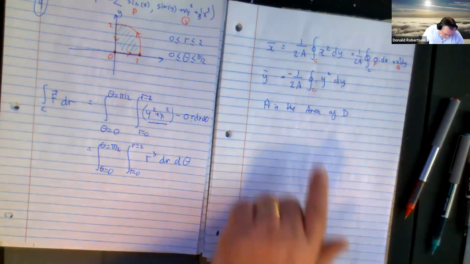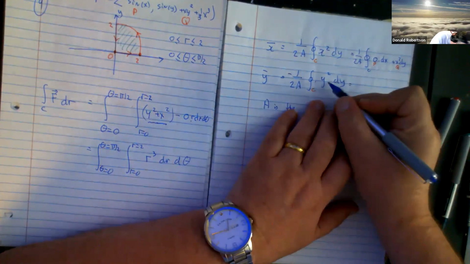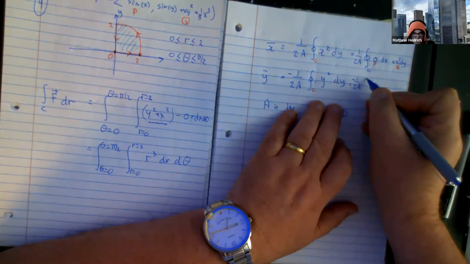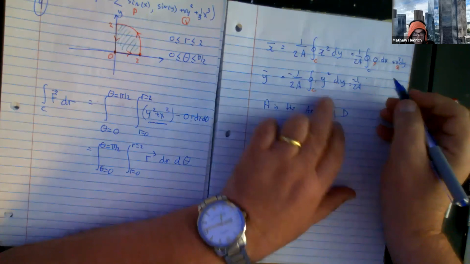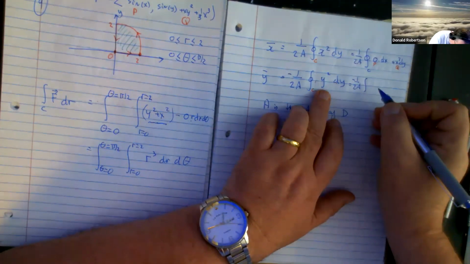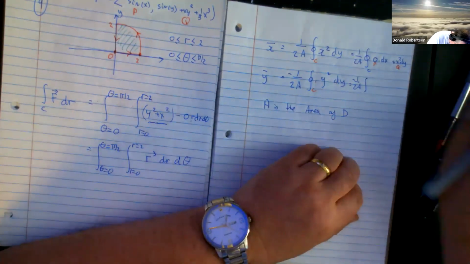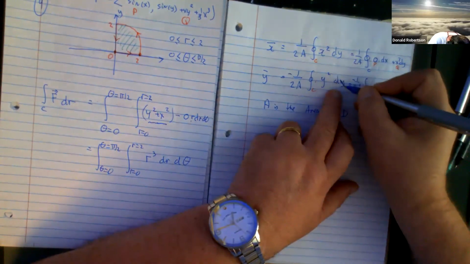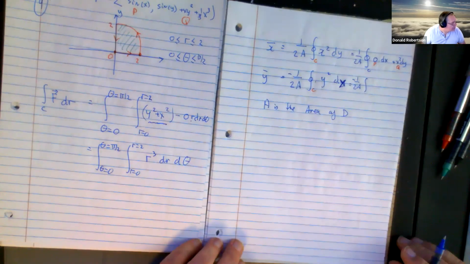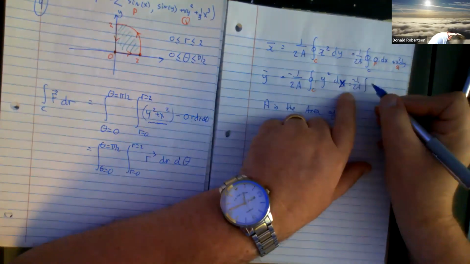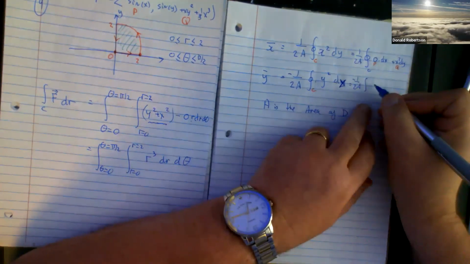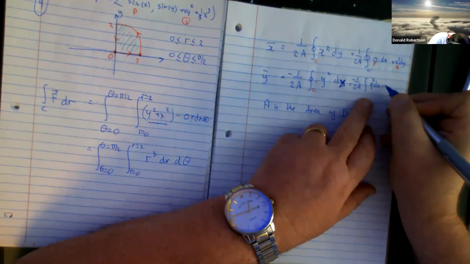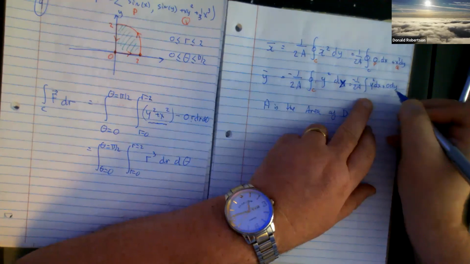Right. And when you do this one, that should be a dx, according to the homework. So what you're going to get here is y squared dx plus 0 dy.